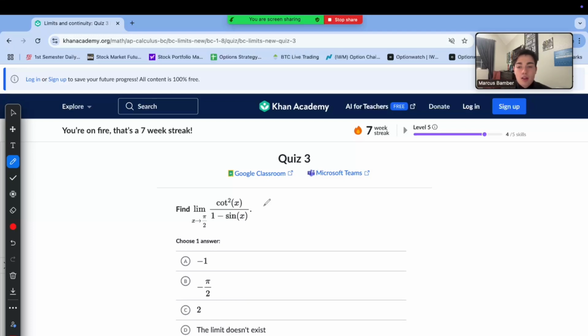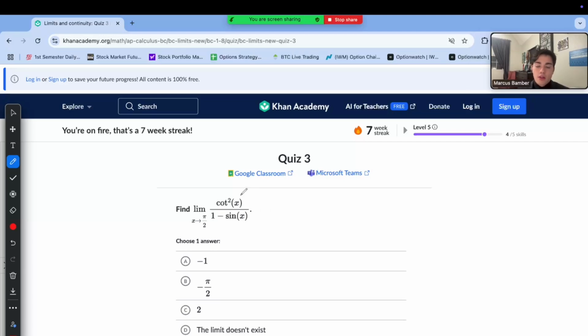Instead, how we can solve something like this is that we are first going to use trigonometric identities, and then we're going to use difference of squares. So the identities that we're going to use in order to solve this problem, first we're going to have to rewrite cotangent squared of x. Our first step is to rewrite this in terms of sine and cosine.